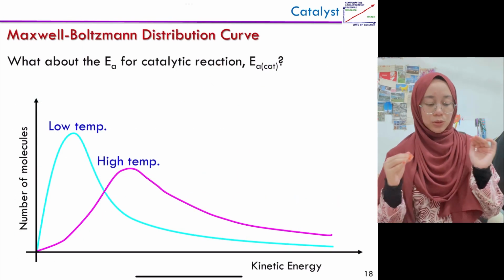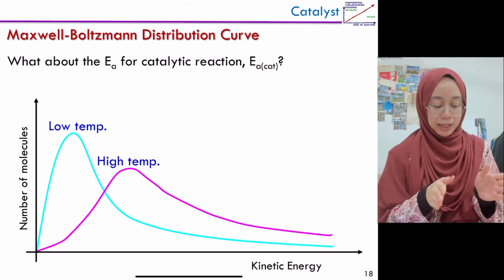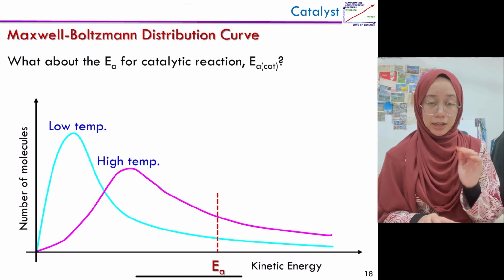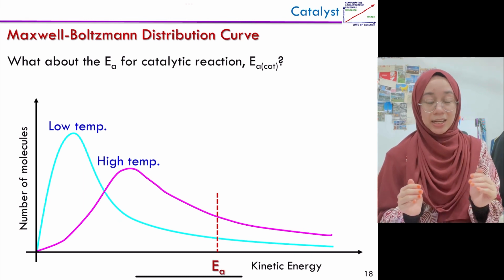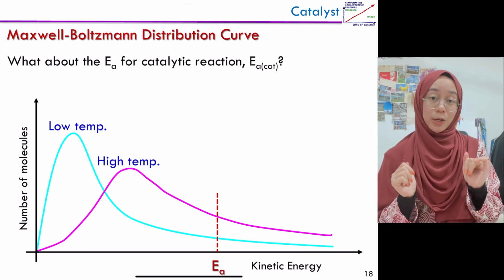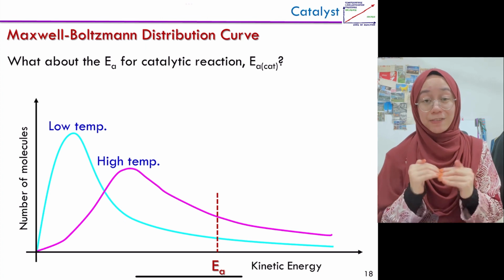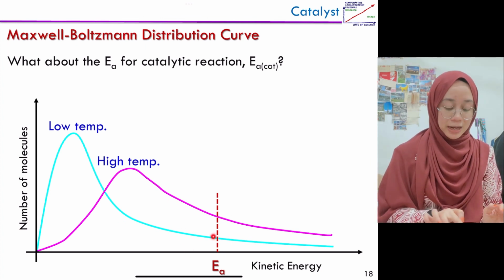This just shows the activation energy with catalyst using the Maxwell-Boltzmann distribution curve. Let's say here is the activation energy without catalyst. What would you expect for the one with catalyst? You know the activation energy will be lowered, meaning it moves towards the left side of the original activation energy.